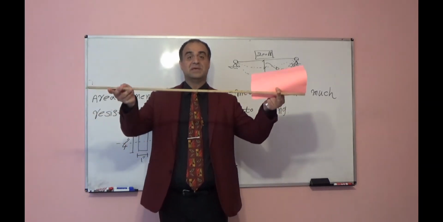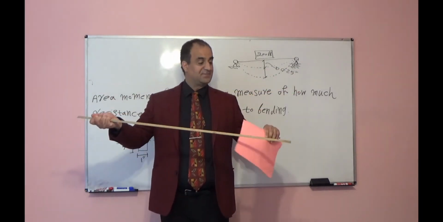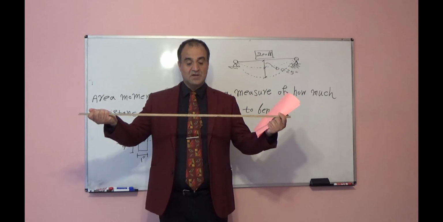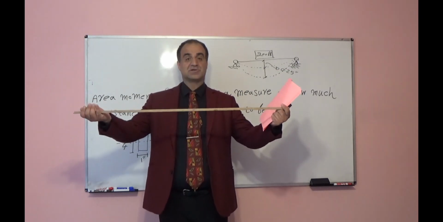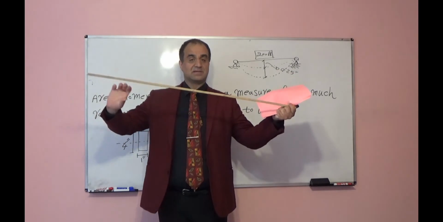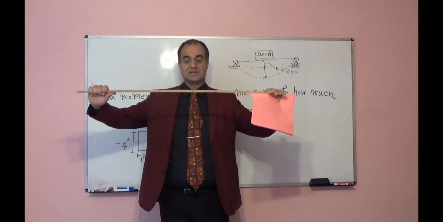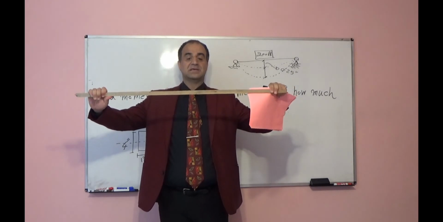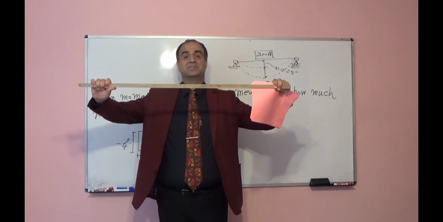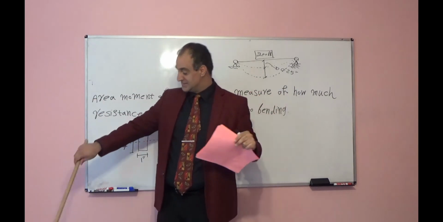Assume this is a beam. Now if I put this wood trim or beam in this direction, I can bend it. I should apply force, bending moment, but I can bend it. But if I rotate it in this direction, I cannot bend it because it is very strong.